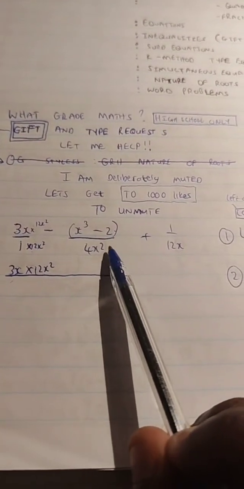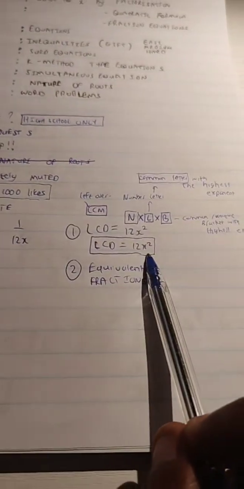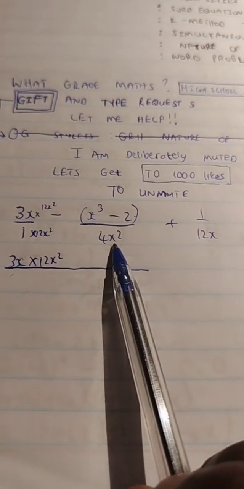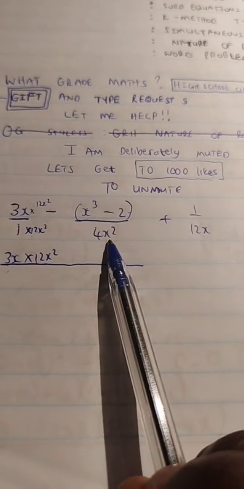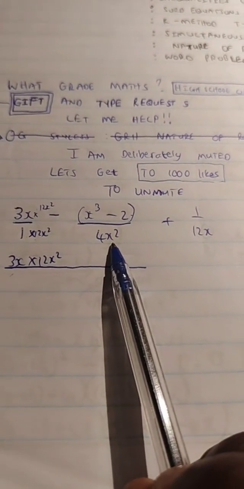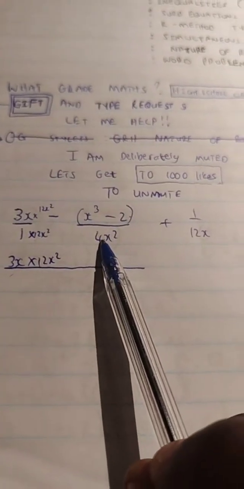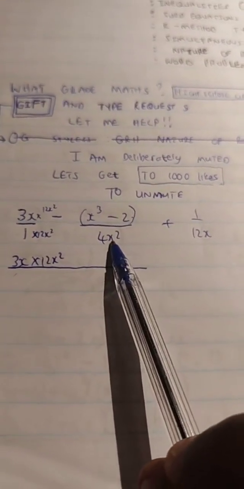No, not by 3x. This is 12x squared. What do we multiply 4x squared by? Yeah, by 3.